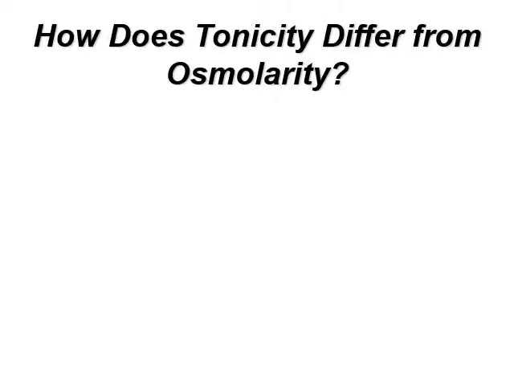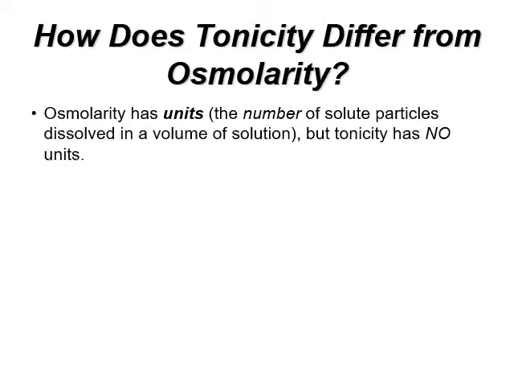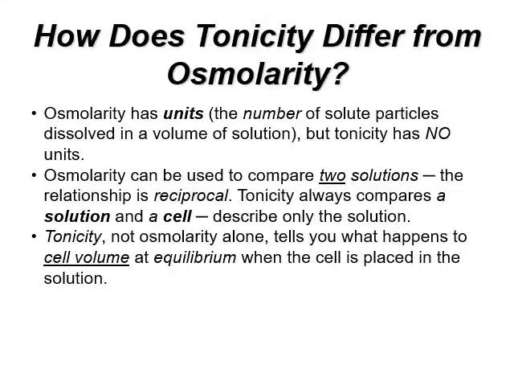So tonicity and osmolarity are related, but they're not always the same. With osmolarity, we're comparing osmolarity between two solutions. We're comparing the 300 milliosmoles in the cell compared to what the osmolarity is outside.